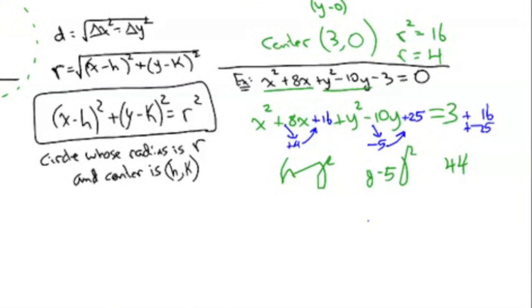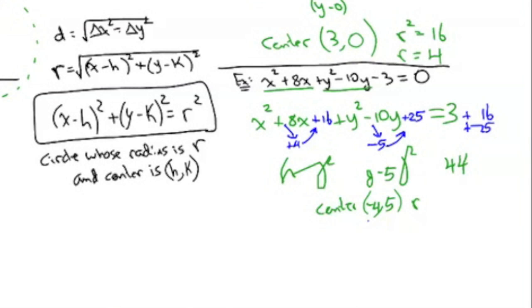All right, so what's the center? It's in the right form now. Center. Close, but no cigar. Remember, opposite direction. It's inside parentheses. So it's not 4 and negative 5, it's negative 4 and positive 5. So the center is at negative 4, 5.